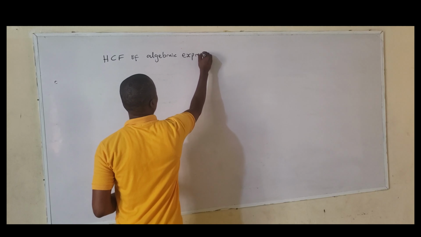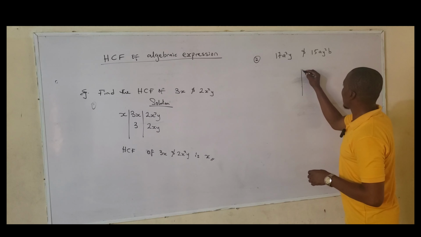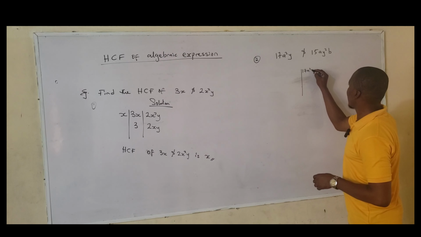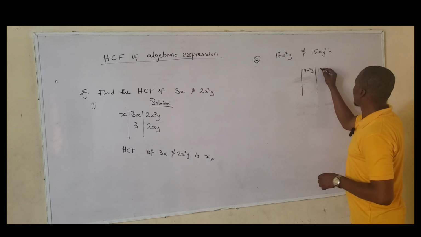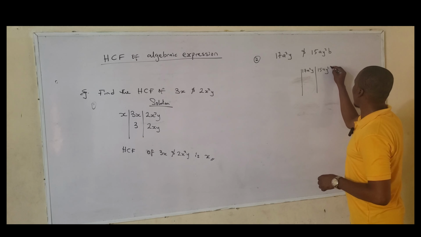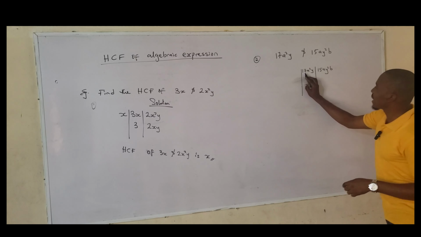We are trying to look for the HCF. Okay, so we put our expressions the way we have been doing it, 17a squared y and 15ay squared b.